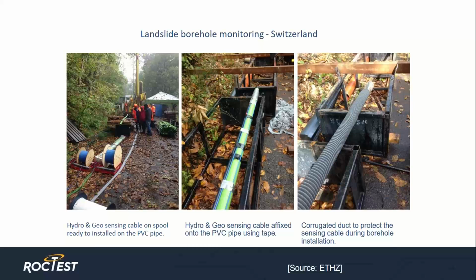The Hydro&Geo sensing cable is able to measure strain and temperature with a spatial resolution of 1 meter all along the borehole. The robust Hydro&Geo cable is able to survive shear movements on the order of 10 to 20 centimeters.